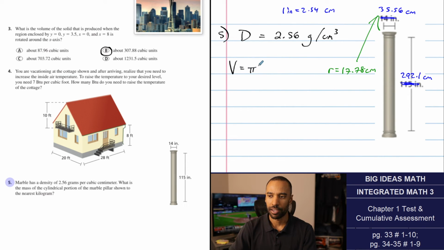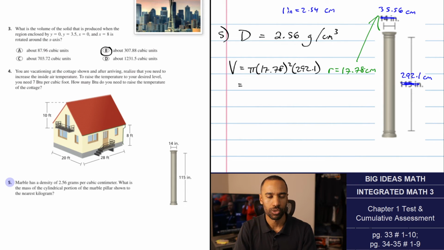Okay, we got density, we're going to get volume, and then we can get mass based off that. Volume is area of base, pi r squared, times height. I want to keep it exact right now. Let's square that answer times 292.1.